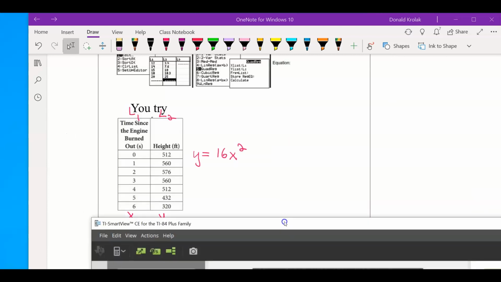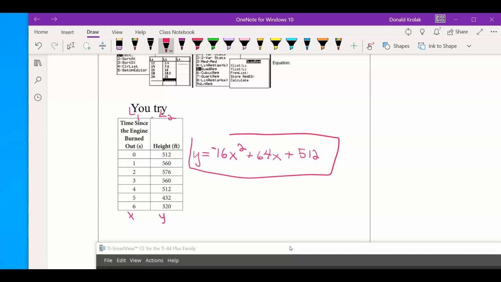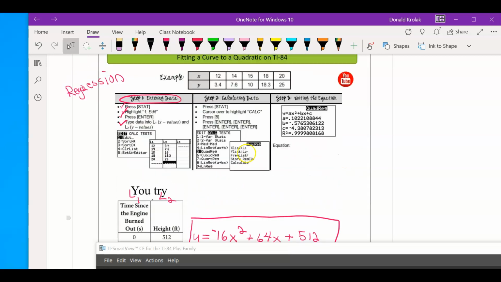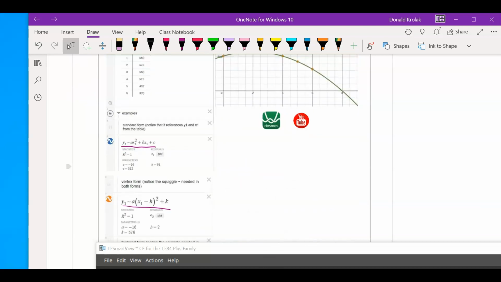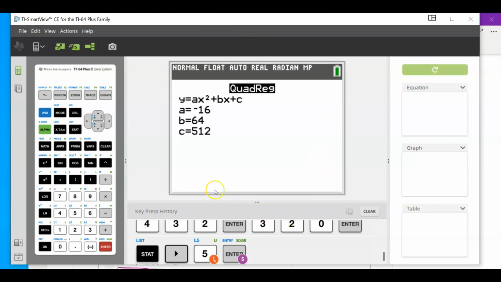Negative 16x squared plus 64x plus 512. So that's how you do it on your graphing calculator.